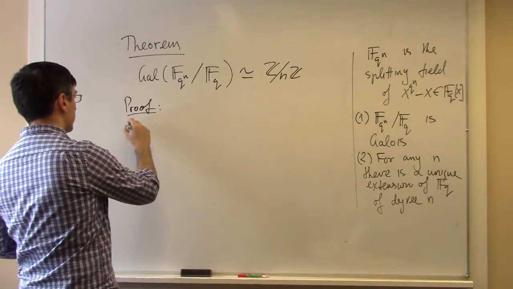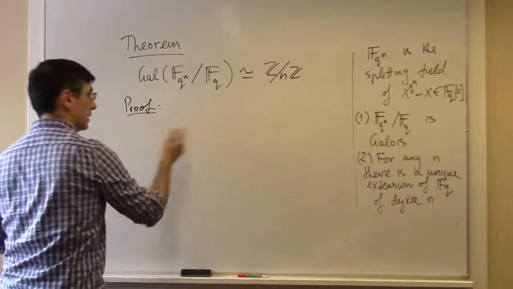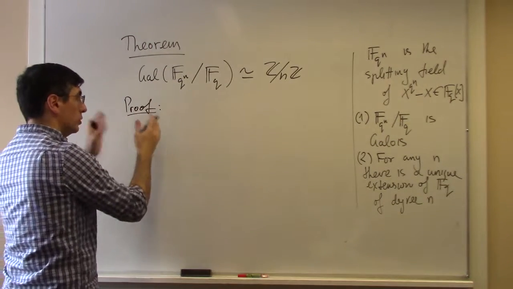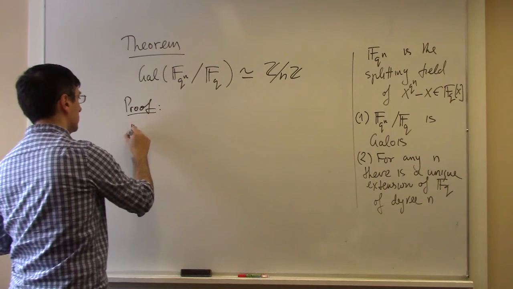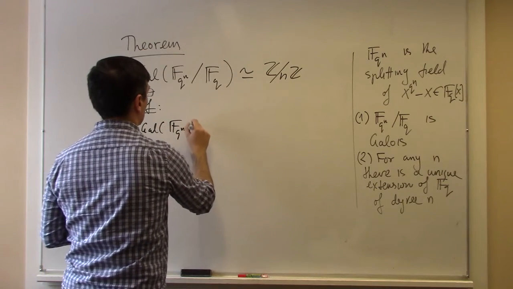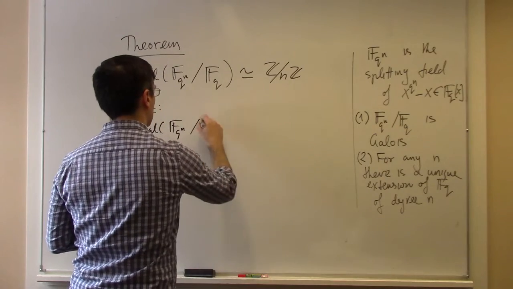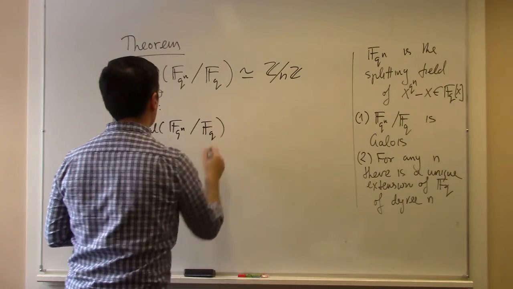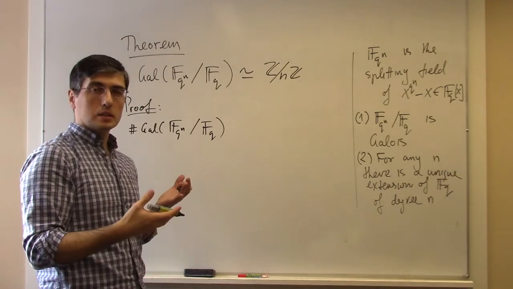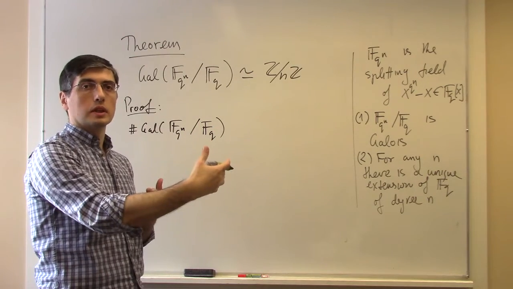So, as I mentioned here, this extension is already Galois, so we know that it is Galois. But what do we know about the Galois group? Well, we know that the Galois group has the order of the degree of the extension, right?